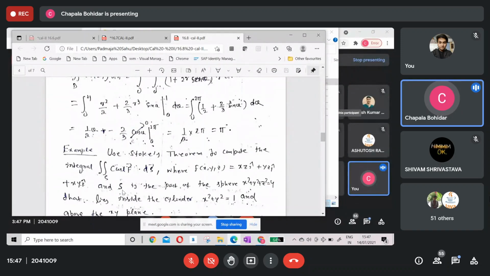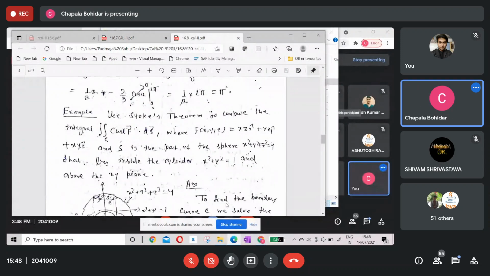S is the part of the sphere that lies inside the cylinder x square plus y square is equal to 1 and above the xy plane.